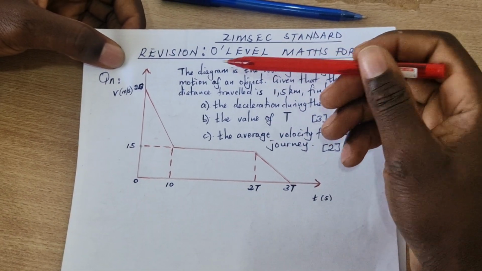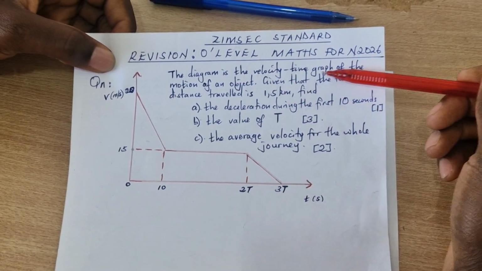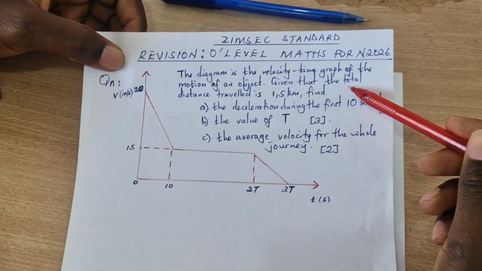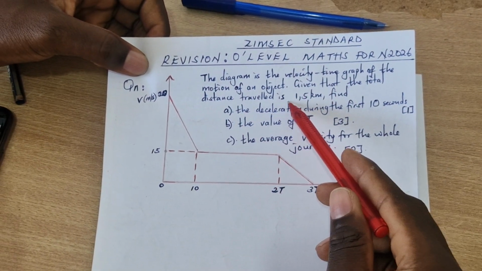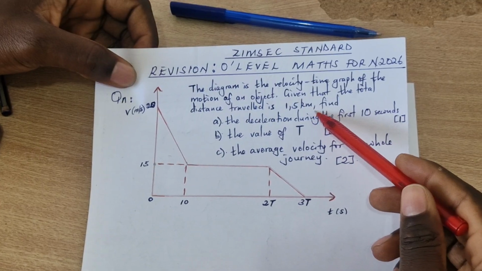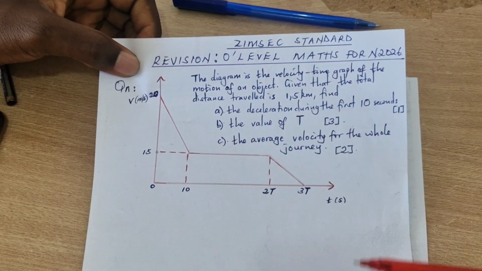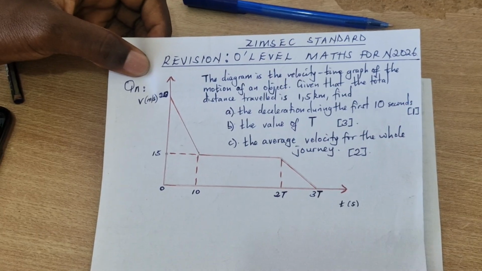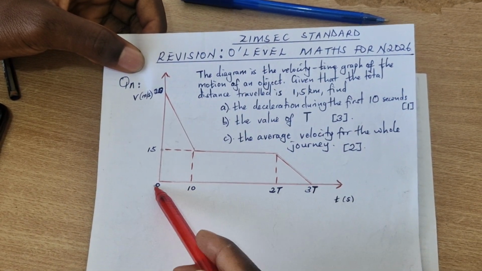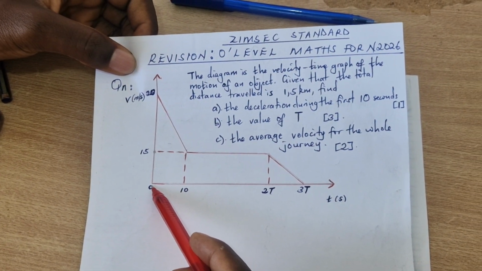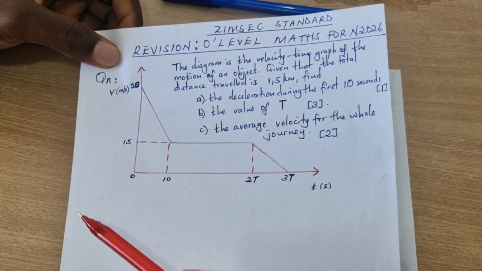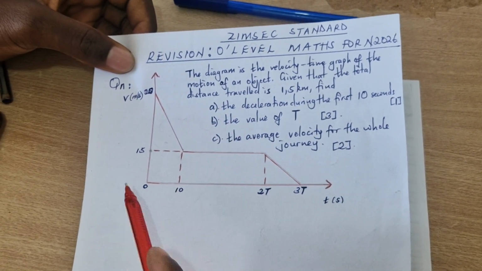So it's saying the diagram is the velocity time graph of the motion of an object, given that the total distance traveled is 1.5 kilometers. Find, in part A, the deceleration during the first 10 seconds. So here we have 0 seconds and 0 meters per second as our velocity or speed.